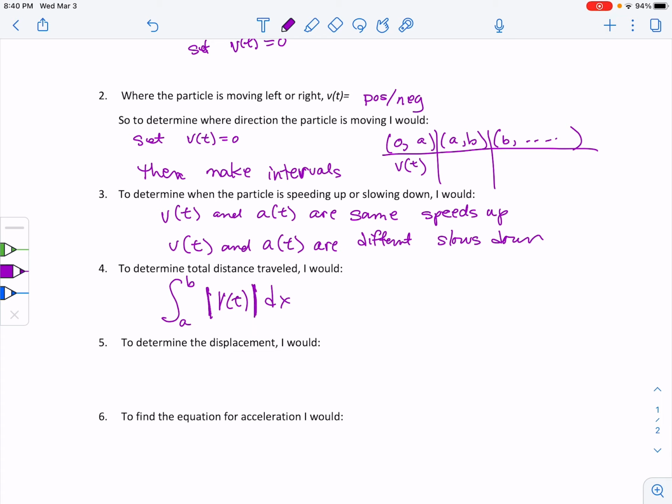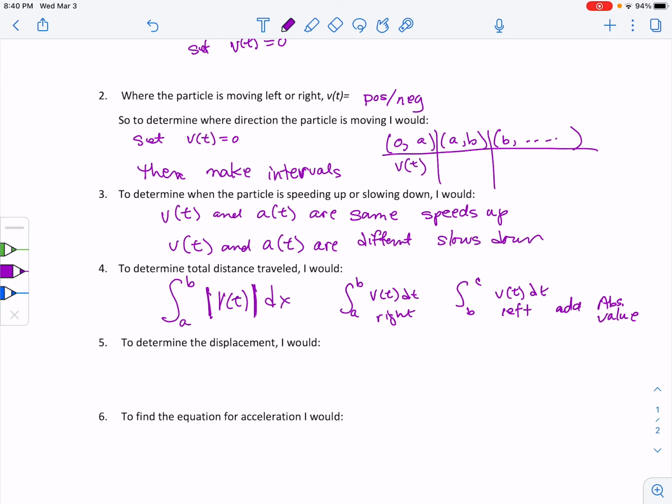If you don't, you have to integrate from a to b v of t dt going right, and from b to c v of t dt, when it was going left, and you're going to add them together with absolute value. We have an example of that on the next worksheet.